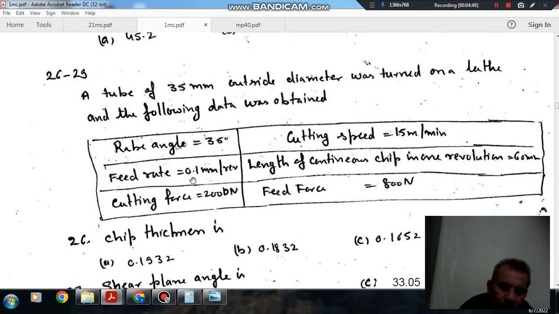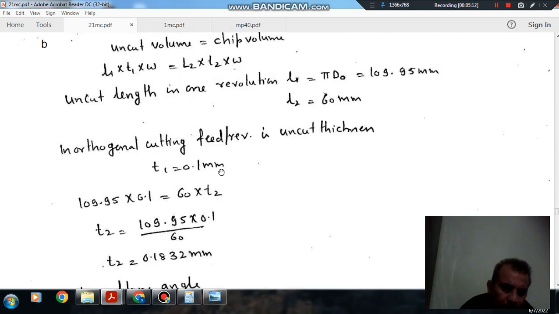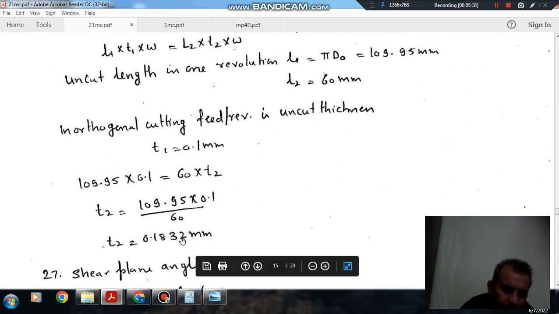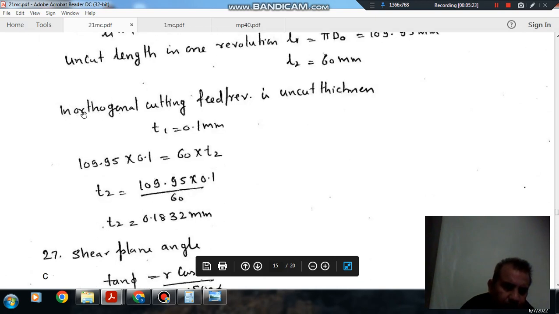Feed rate is given and we are assuming orthogonal cutting, so feed will be your uncut chip thickness. Whenever it is not given, we assume that orthogonal cutting is taking place and feed is equal to uncut chip thickness. So T1 is 0.1 mm. Putting that value, we can find out T2 as 0.1832 mm. So the answer to question number 26 is B.